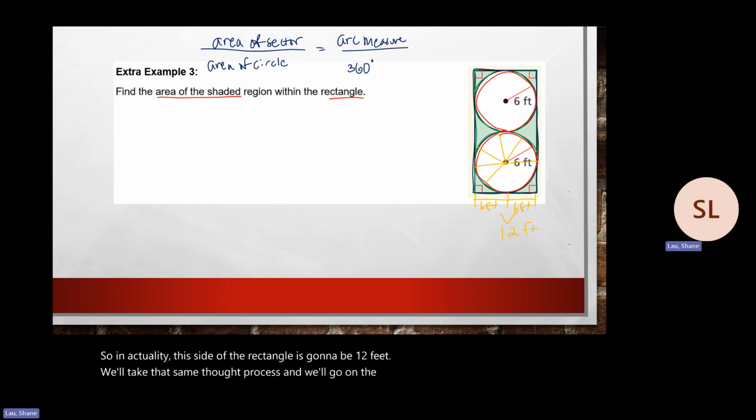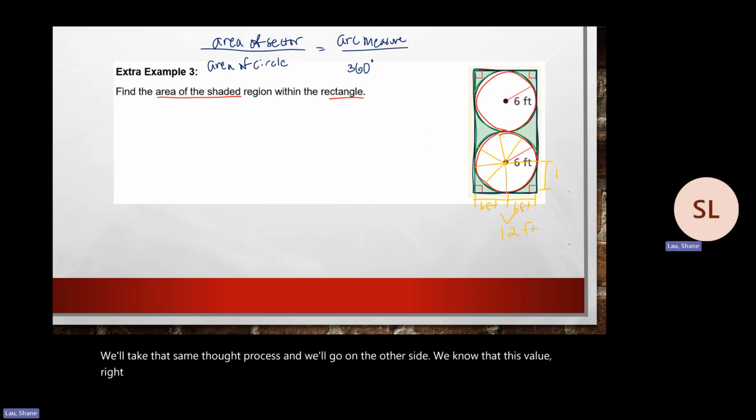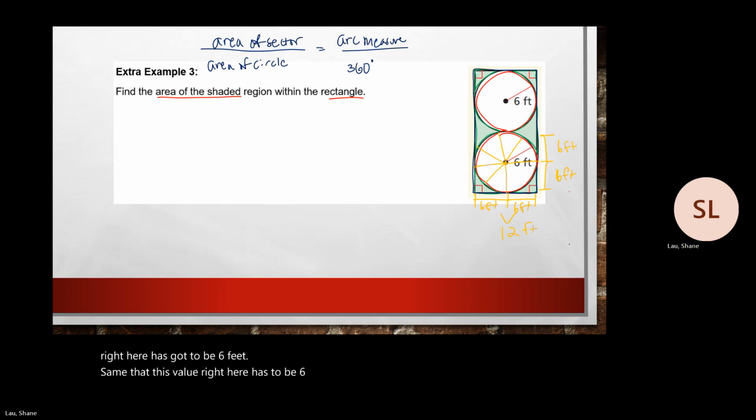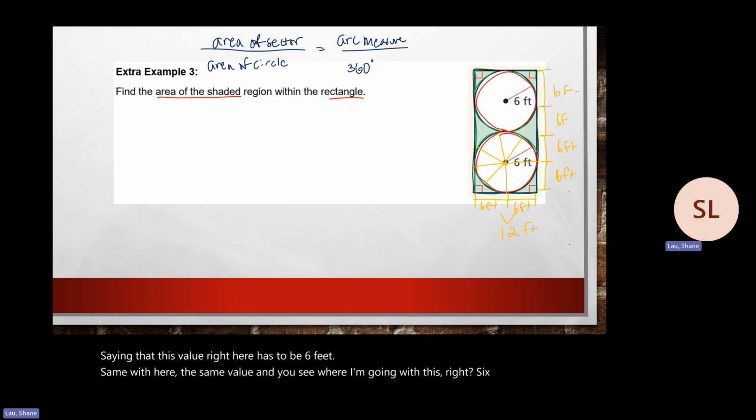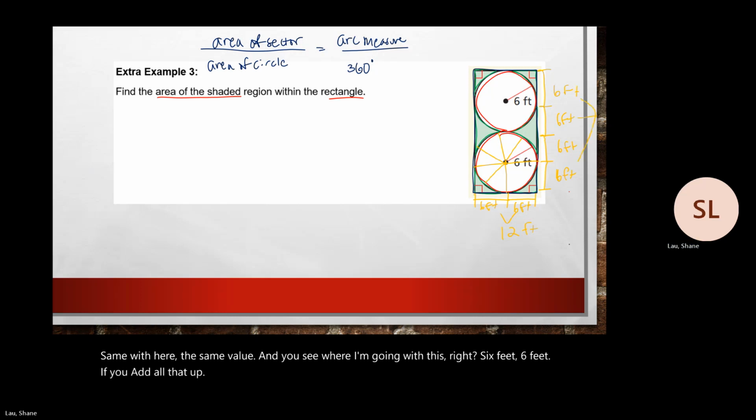We know that this value right here has got to be 6 feet. Same that this value right here has to be 6 feet. Same with here, the same value, and you see where I'm going with this, right? 6 feet, 6 feet. If you add all that up, that's going to be 24.